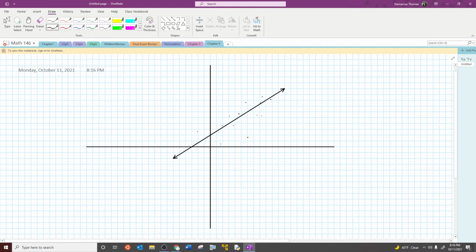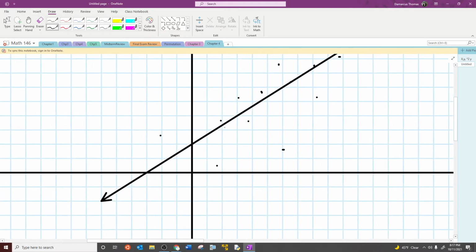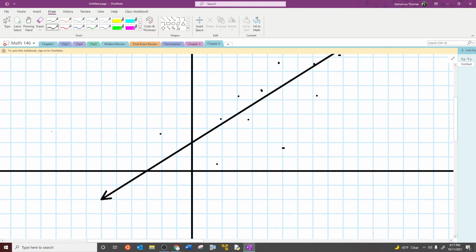Consider this a scatter plot with a positive, strong association and a line of best fit. We need to be able to calculate the residuals, every single last one of them.